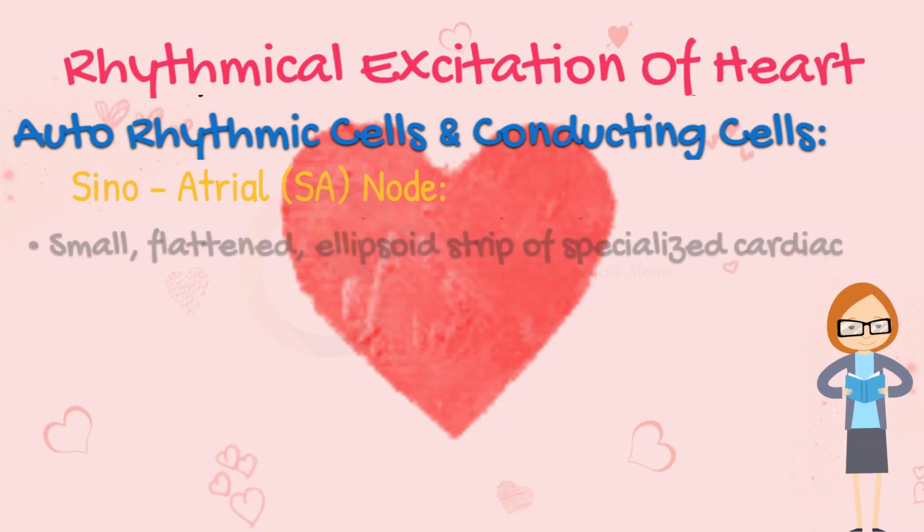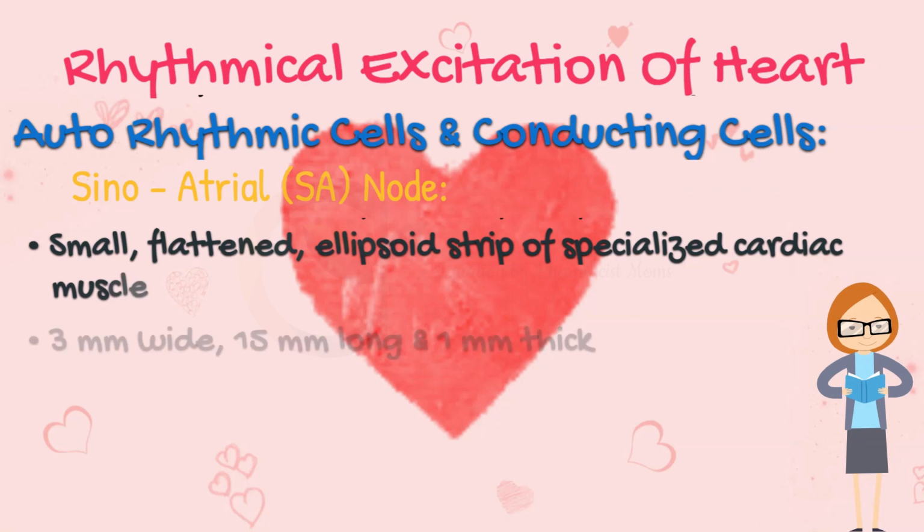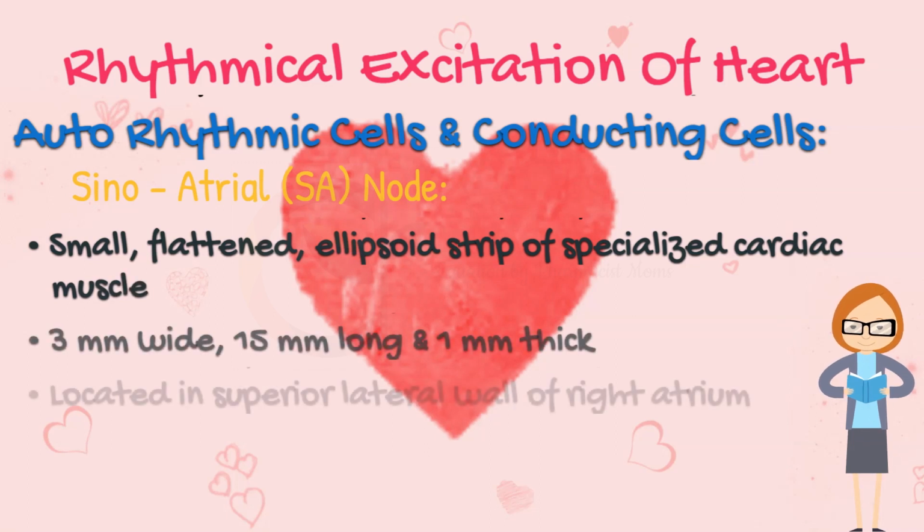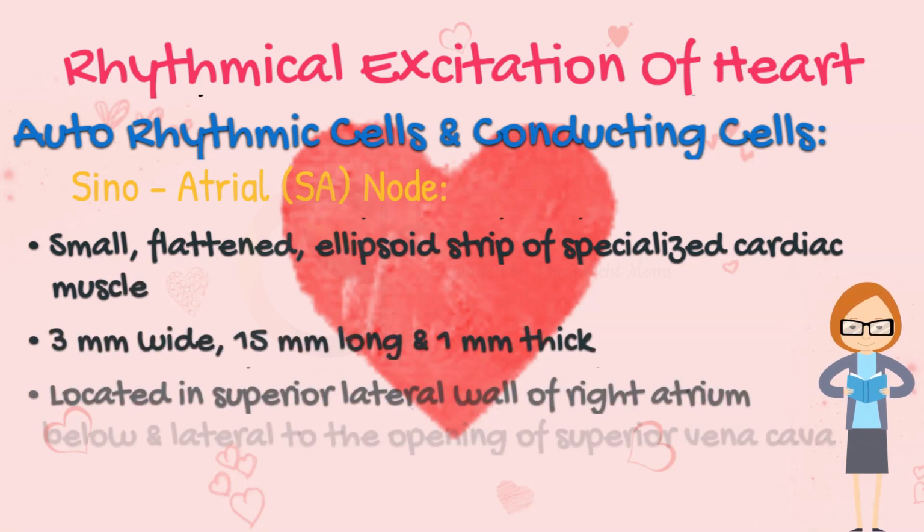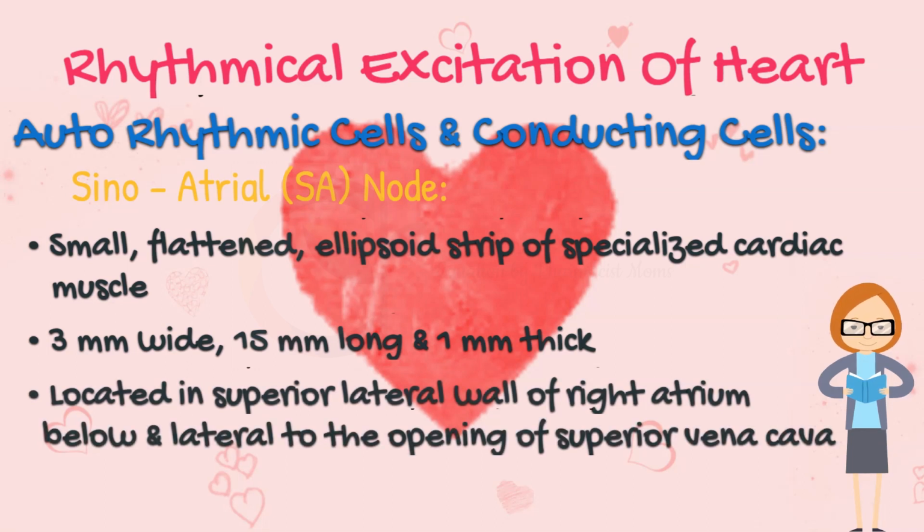First is the sinoatrial or SA node. It is a small, flattened, ellipsoid strip of specialized cardiac muscle, about 3 mm wide, 15 mm long, and 1 mm thick. It is located in the superior lateral wall of the right atrium, immediately below and slightly lateral to the opening of the superior vena cava.